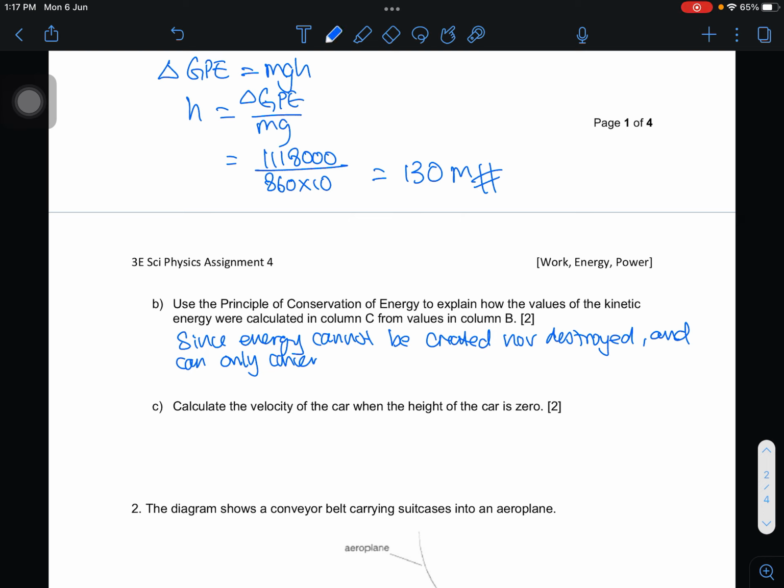Since energy can only convert from one form to another, column B plus column C equals 1118000 joule.